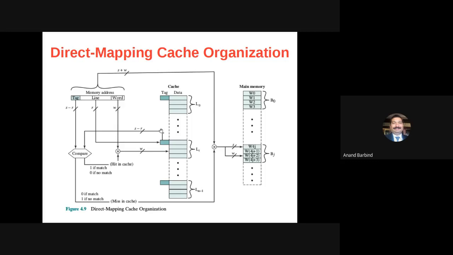There is a comparator, and this comparator needs to compare only one address. This is very important: the comparator is going to compare only one tag value, and based on that tag value, it takes the decision whether the block is present in the memory or not. So what is the simplicity of the direct mapping cache?